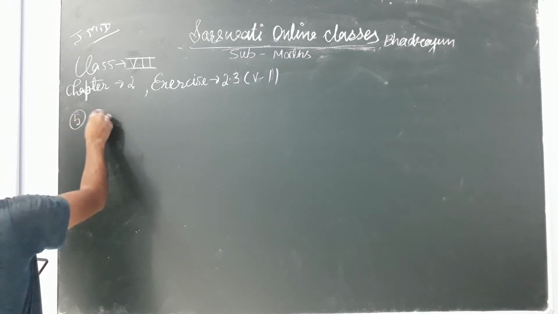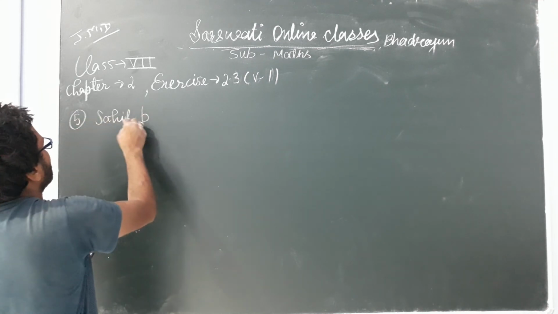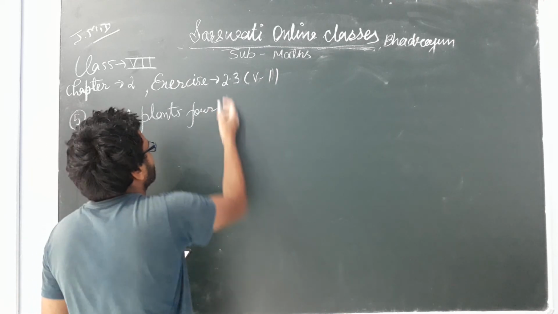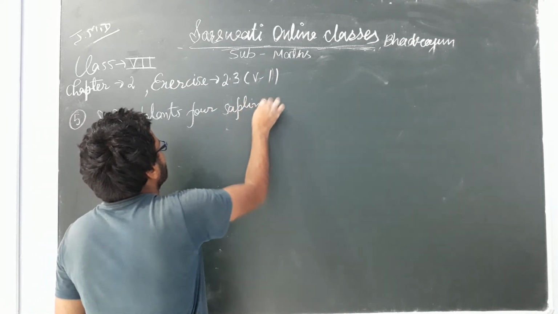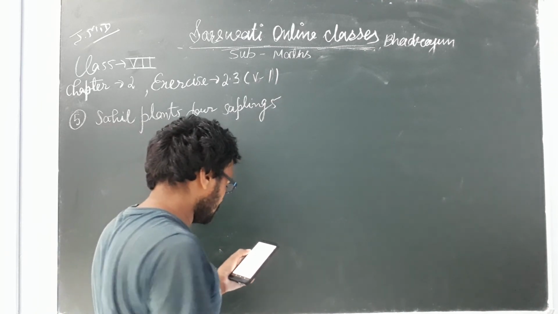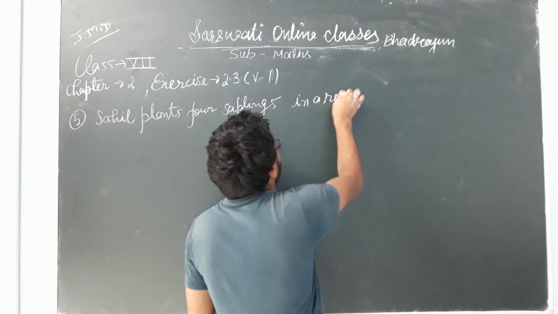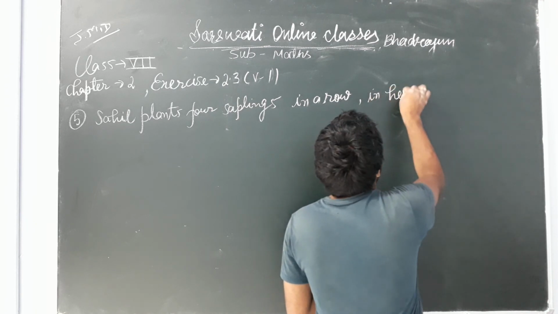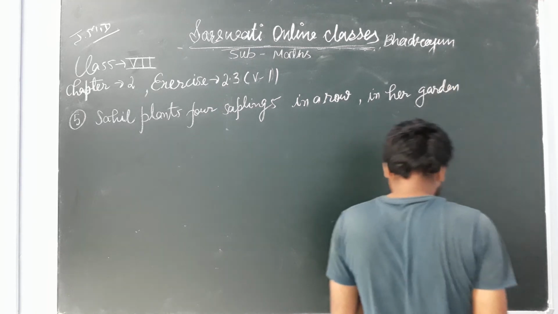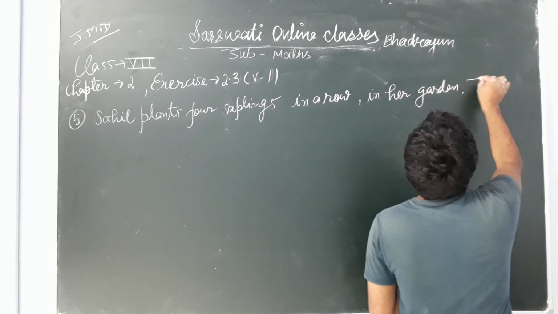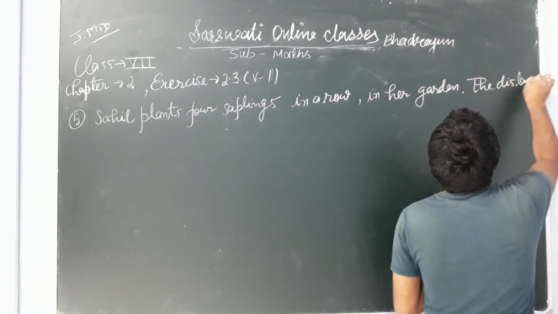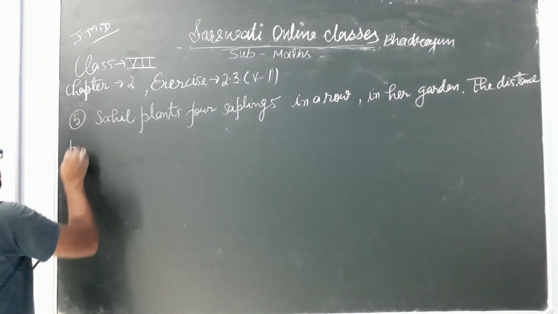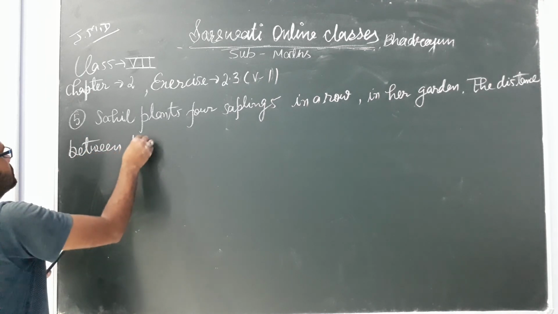Question number 5: Sahil plants 4 saplings in a row in her garden.